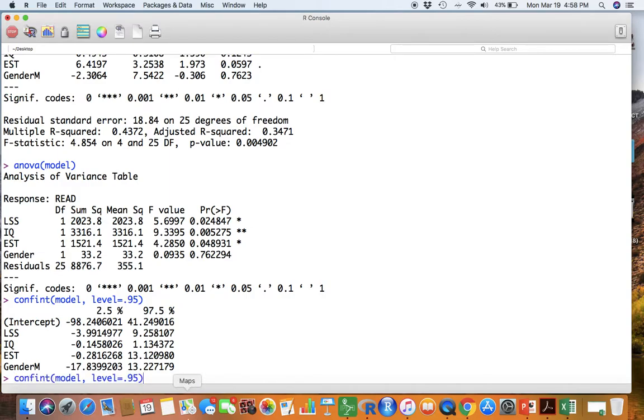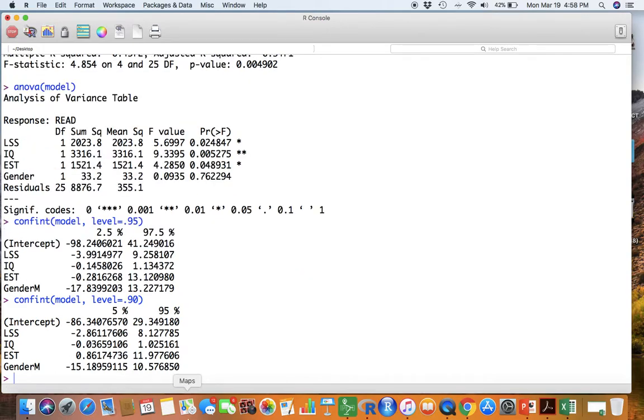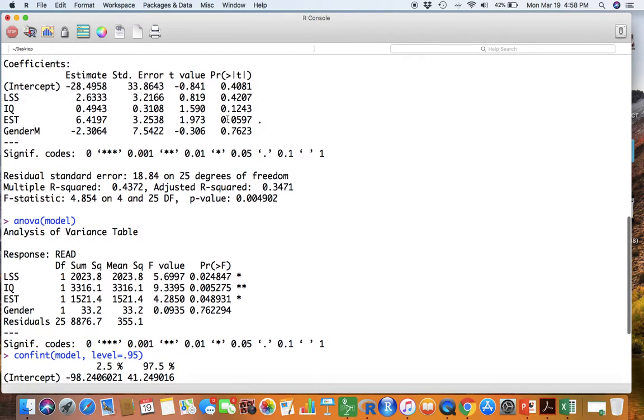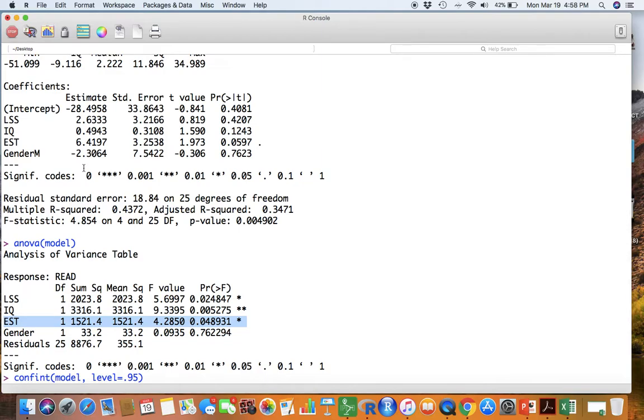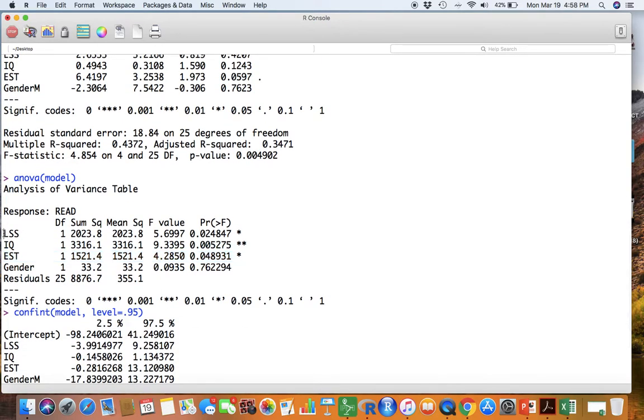However, you'll notice that if I change the confidence level to 0.90, we did see at the 0.10 level that we did have statistical significance for EST, right? Now, don't get confused with the ANOVA values versus the coefficients. This ANOVA is only useful to us when these values are actually combined.